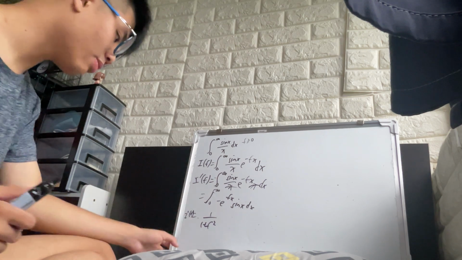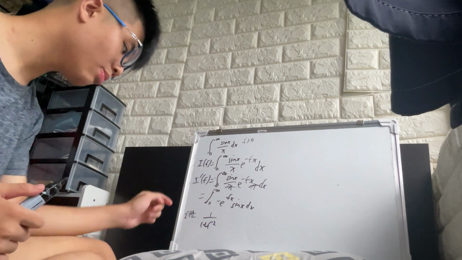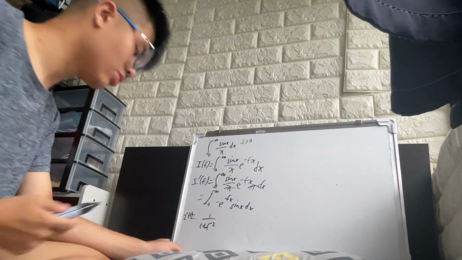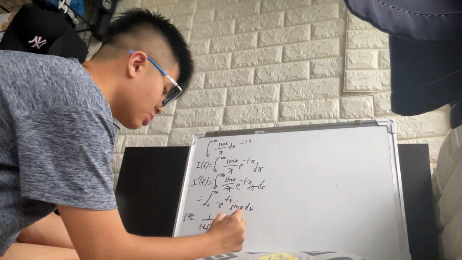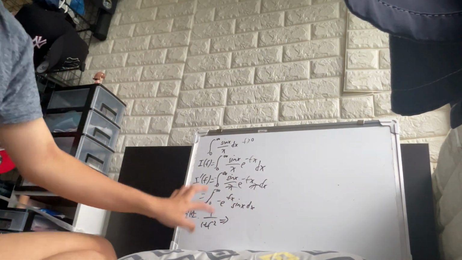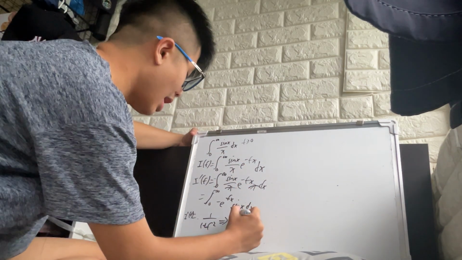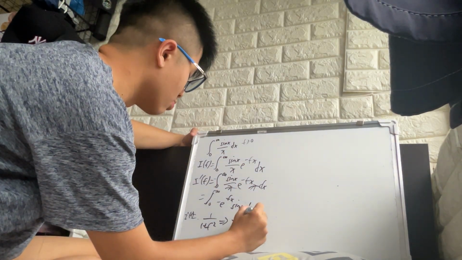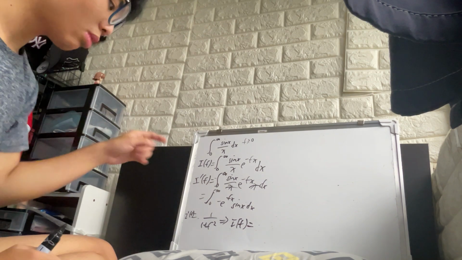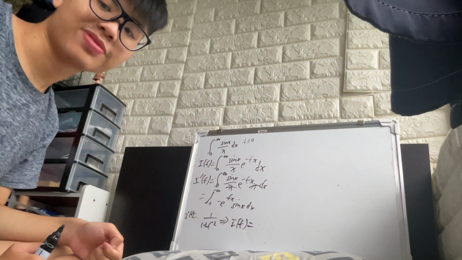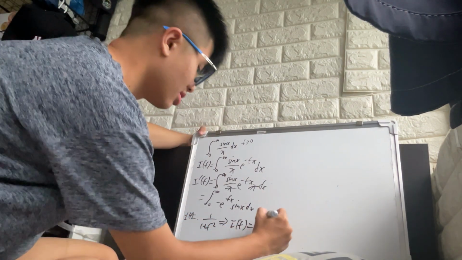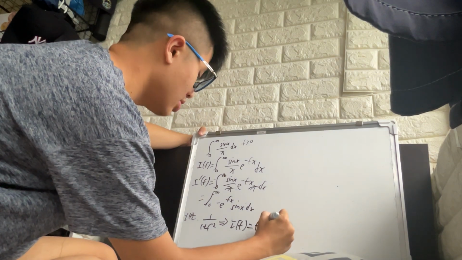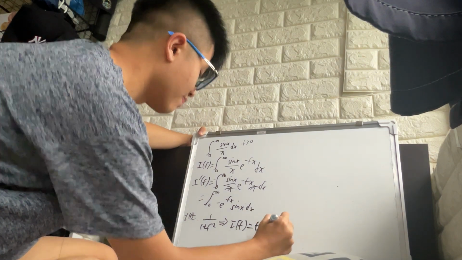So we can integrate both sides right now, with respect to f. So you get I of f equal to the integral of 1 over 1 plus f squared in our f world. This is just inverse tangent. Inverse tangent of f.